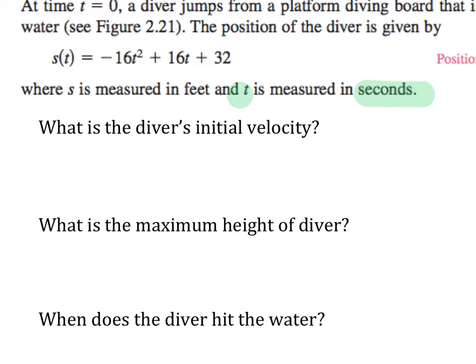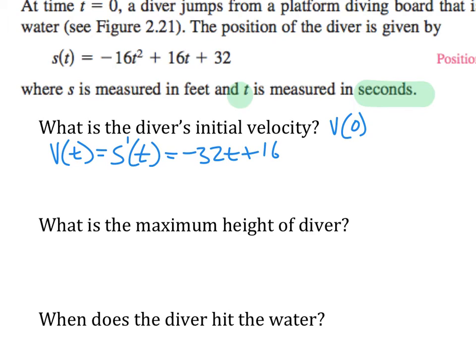Well, remember, velocity is the derivative of position. So we're looking for initial velocity. We're looking for v of 0. So we've got to find v of t first. v of t is the derivative of s. And looking at the function up above, using our power rule, we have v of t equals negative 32t plus 16.